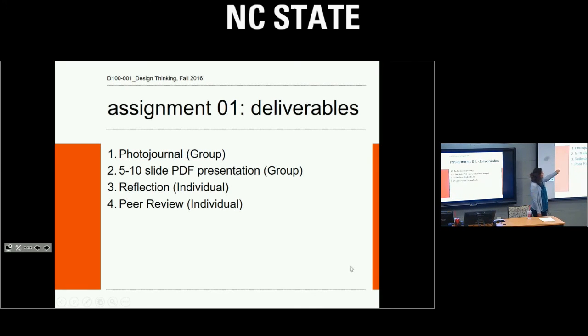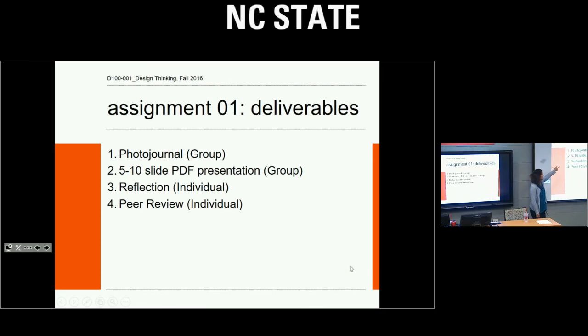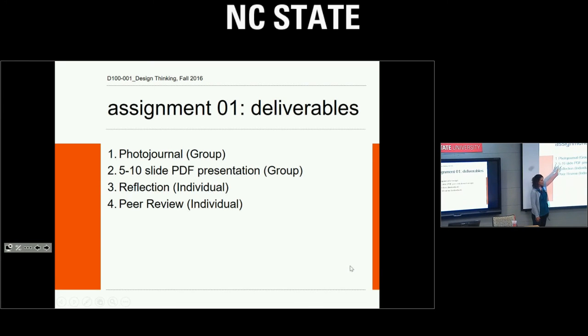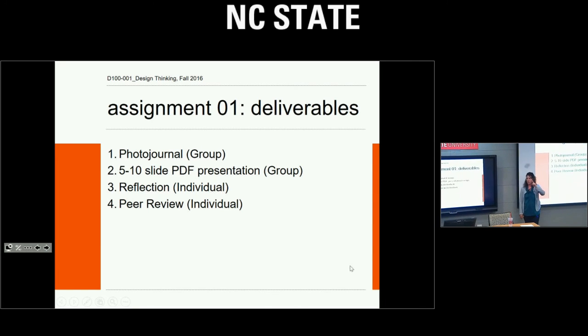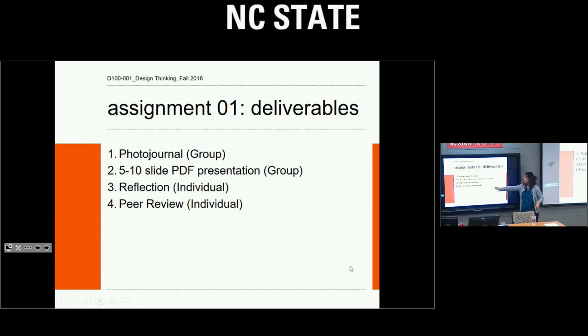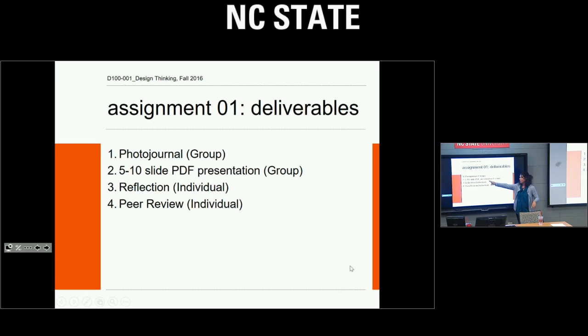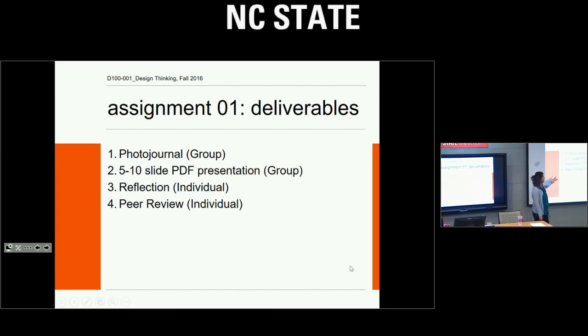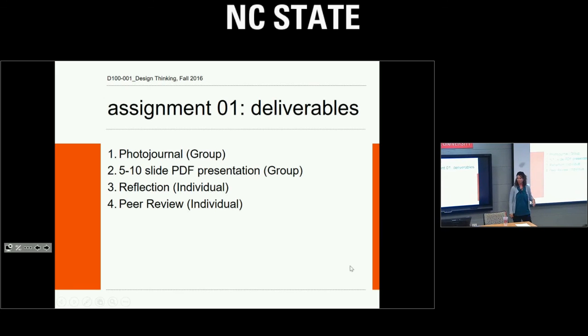So the deliverables for this assignment are the photo journal. This is a group deliverable. You're only going to create one of these. The 5 to 10 slide PDF, this is group. You're only going to create one of these. Only one person in your group needs to upload these first two things. And then you individually will upload your reflection and the peer review, which is a pretty straightforward peer review.